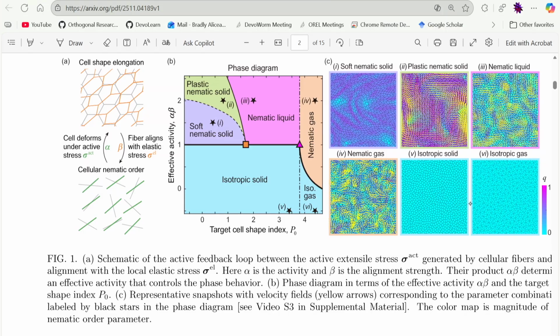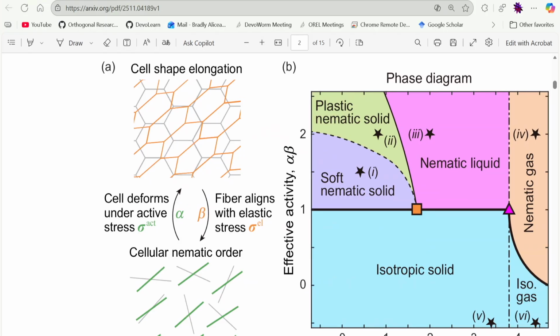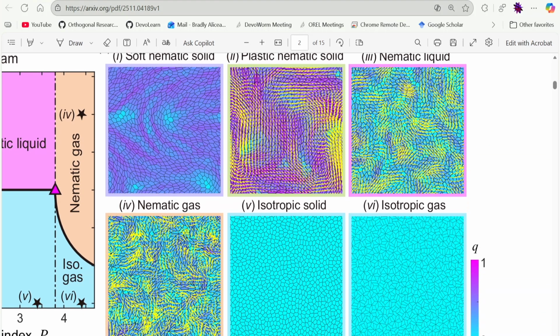As the target cell shape index decreases, the effective activity increases. And then this figure here at the right, C, I'm going to zoom in a little bit here. These are the different patterns that you see. Soft nematic solid looks like the thing on the upper left. It's got these swirls or whorls, almost like fingerprints.